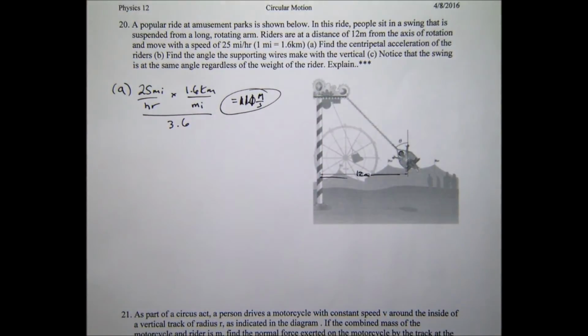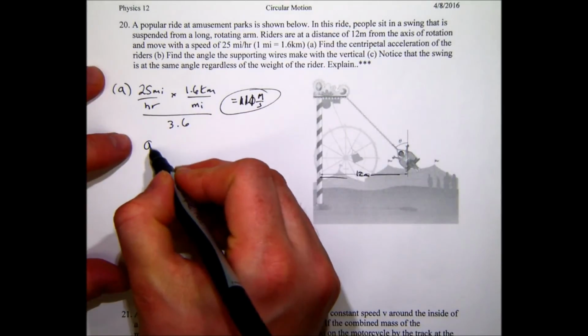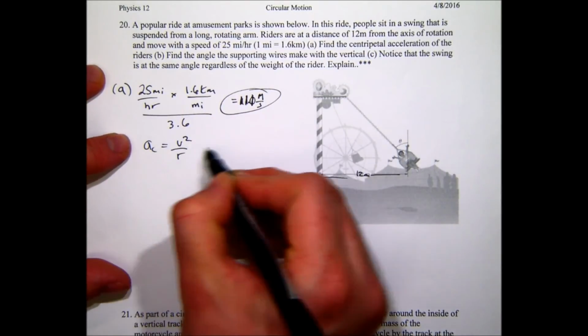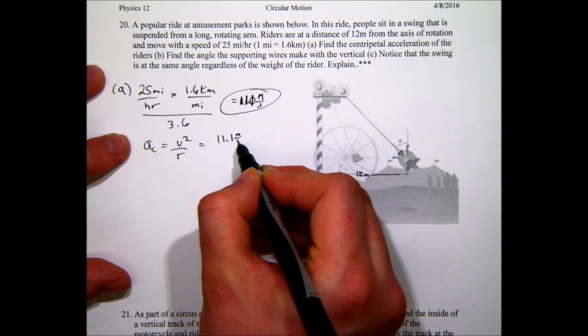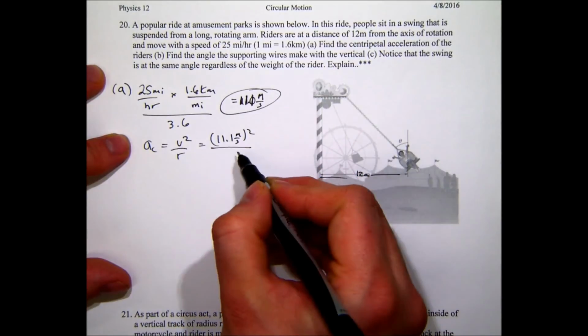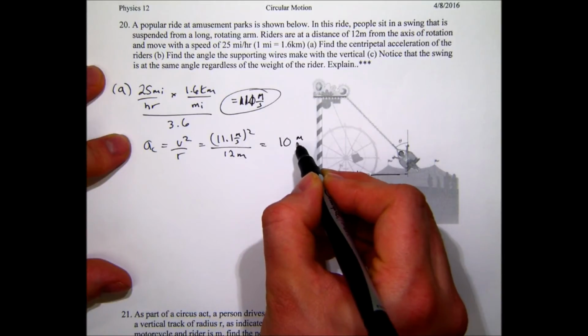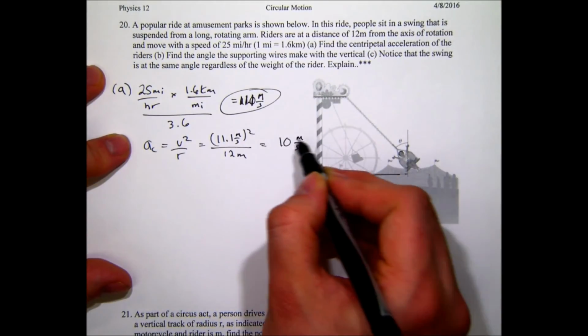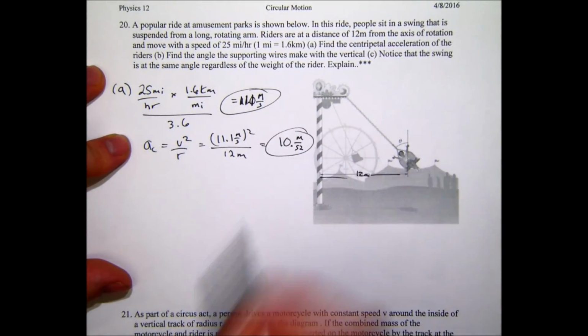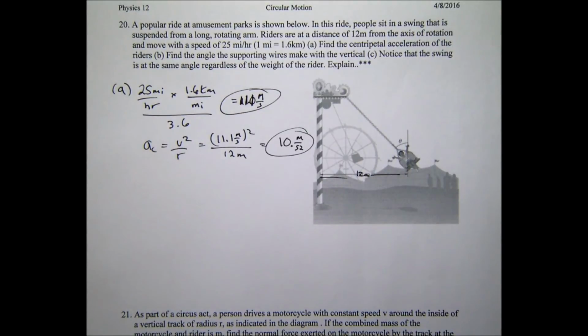So just 25 miles per hour is 11.1 meters per second. So find the centripetal acceleration. AC is equal to v squared over r is equal to 11.1 meters per second, squared, over 12 meters, is 10 meters per second squared.